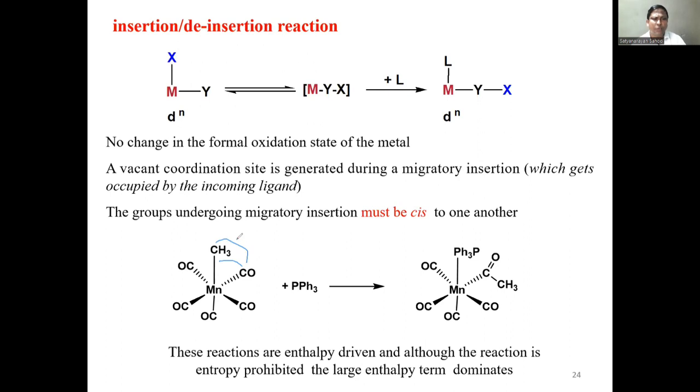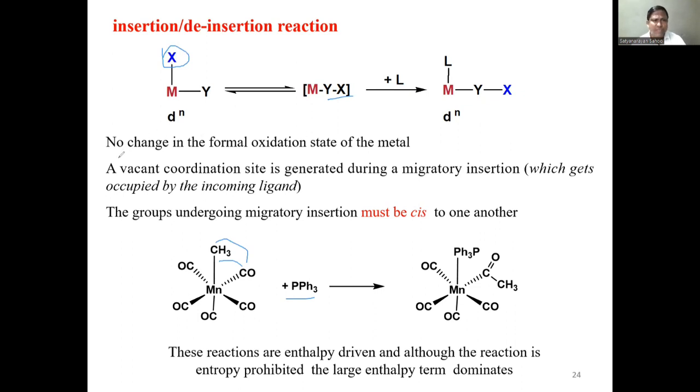First, this 16 electron group is formed, which is a 16 electron complex which can undergo the addition of phosphine to get the product. Let us say this X is carbon monoxide which has migrated to Y, which is methyl. So we get the acetyl complex, and this L is the phosphine, to get this new complex.